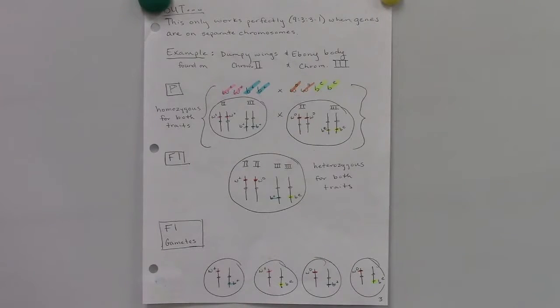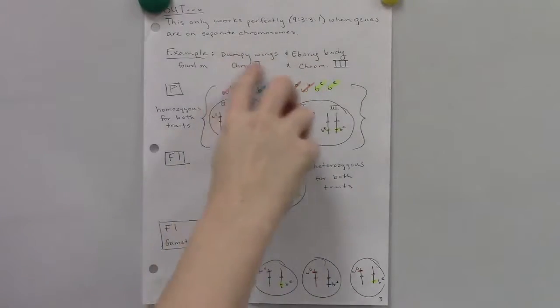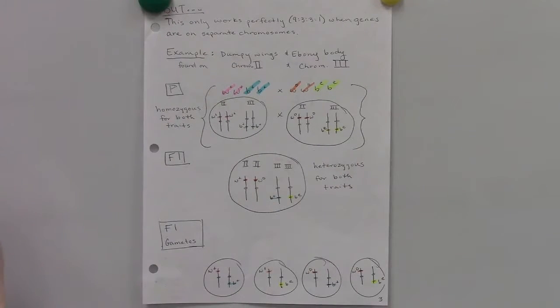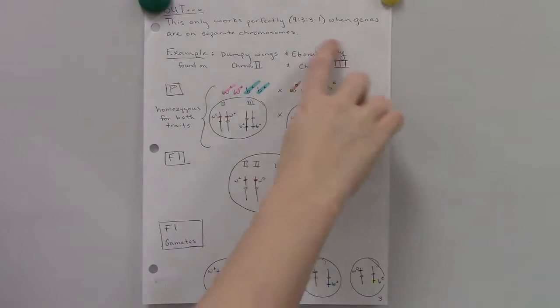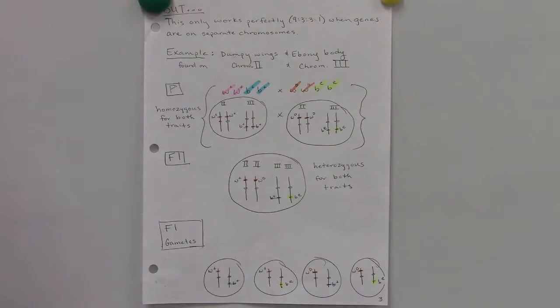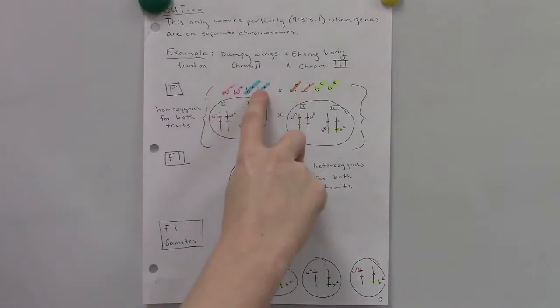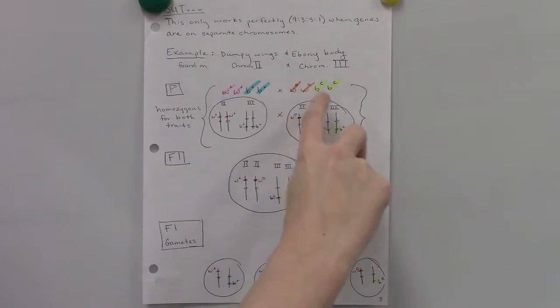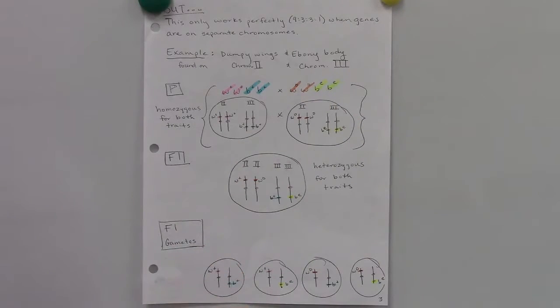So my example is a fly with dumpy wings. Maybe that trait is found on chromosome 2. And ebony body, which is kind of a nice dark brown, that's found on chromosome 3. So again, homozygous wild for both traits. This one is homozygous for the dumpy wings and ebony body.